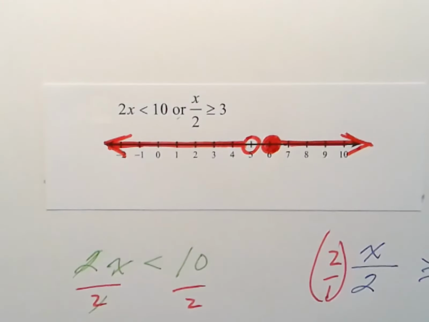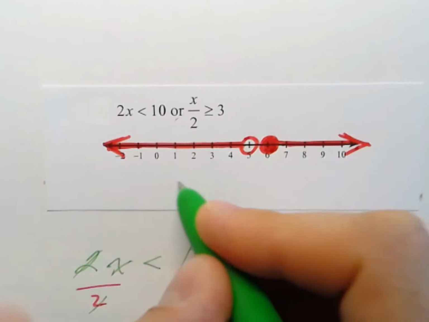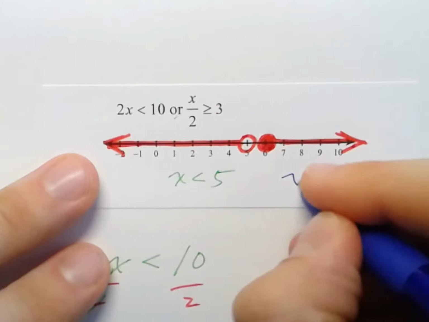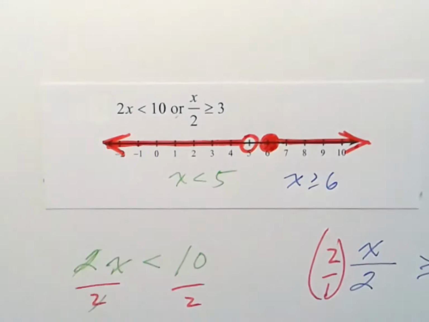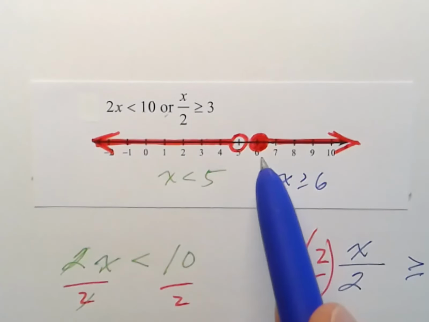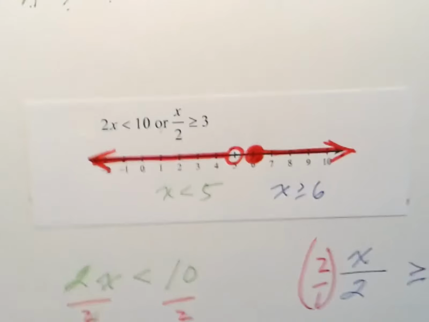You can have them in the same problem. Absolutely perfectly okay. And so here's what we've got. We've got x is less than 5, which is this one down here. And then we've got x is greater than or equal to 6 right there, which is exactly what it is. You know, here's the 5. You're going this way. Here's the 6. It's equal to 6 and greater than. Okay? So that's what that looks like.